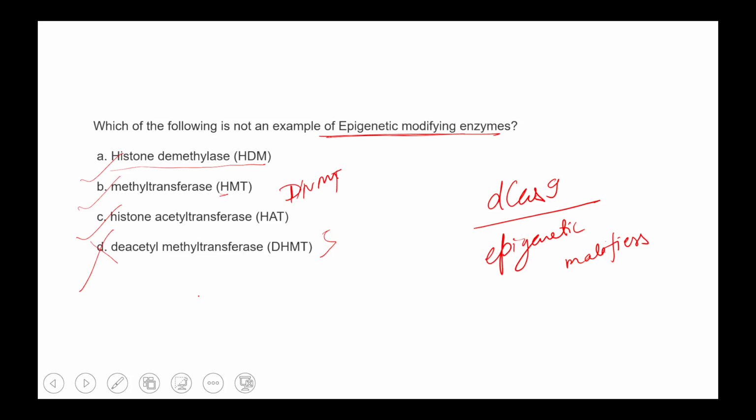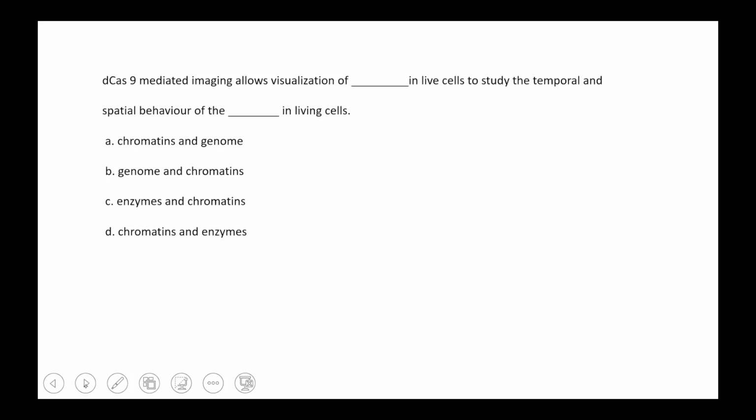Okay. So dCas9-mediated imaging allows visualization of what, in live cells, to study the temporal and spatial behavior? Which will be the correct option? Enzymes or chromatin?